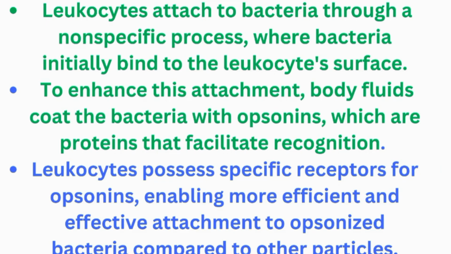Now, to enhance this attachment, body fluids coat the bacteria with opsonins, which are proteins that facilitate recognition. Leukocytes possess specific receptors for opsonins, enabling more efficient and effective attachment to opsonized bacteria compared to other particles.